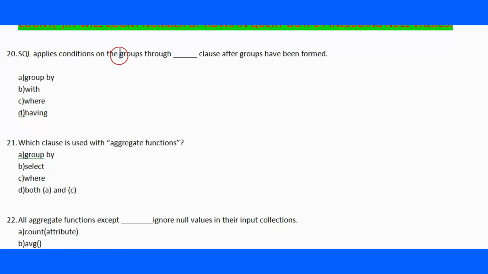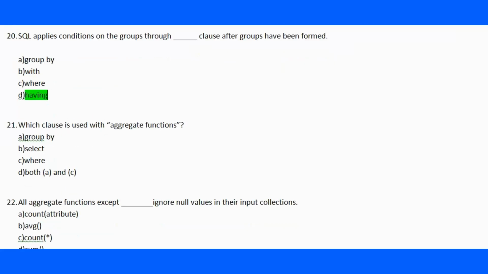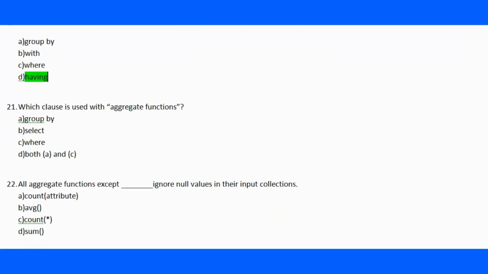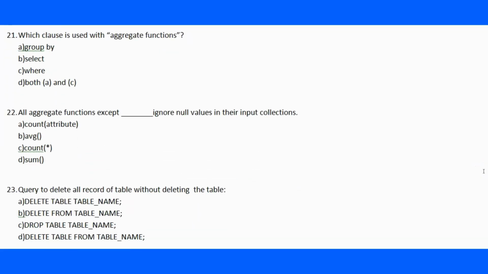When working upon the groups, after the groups have been formed with group by, which clause will we use? The having clause. The having clause will work only under the group by functions. Hope you are clear. We'll move on to the 21st question.